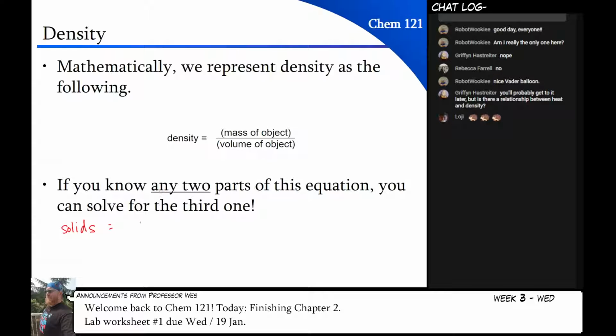If you're looking at a solid, typically speaking, your mass is going to be in grams and your volume is going to be in cubic centimeters. That's very common to express solids in this density. Another one that is often used is kilograms per cubic meter, but we're not going to necessarily use this one in this class. You may see this, though, if you look it up online.